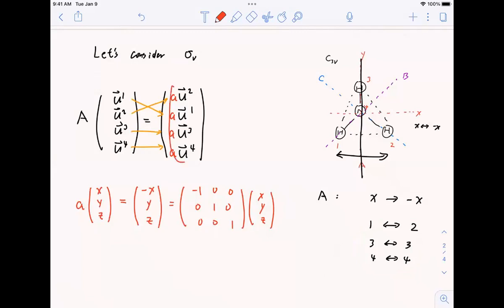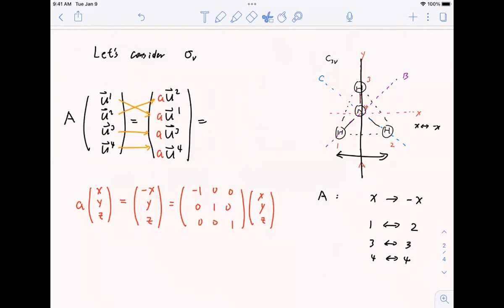For every vector, you apply the small a, which means reflection on the vector. Then the atoms change position. Is that okay? So we're going to write it out. You're going to have a 4x4 matrix, 0, A, 0, and then 0, 0, 0, 0.